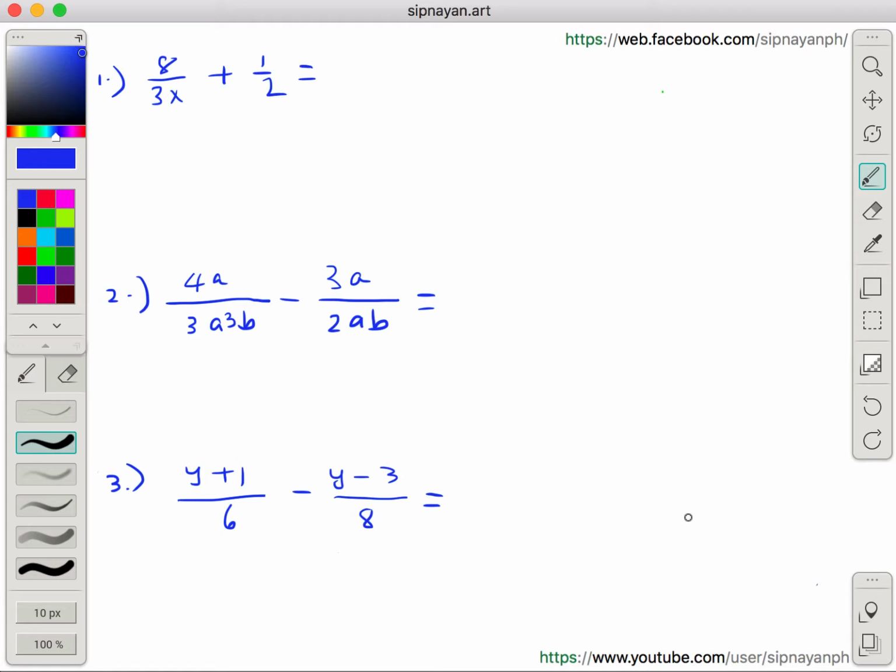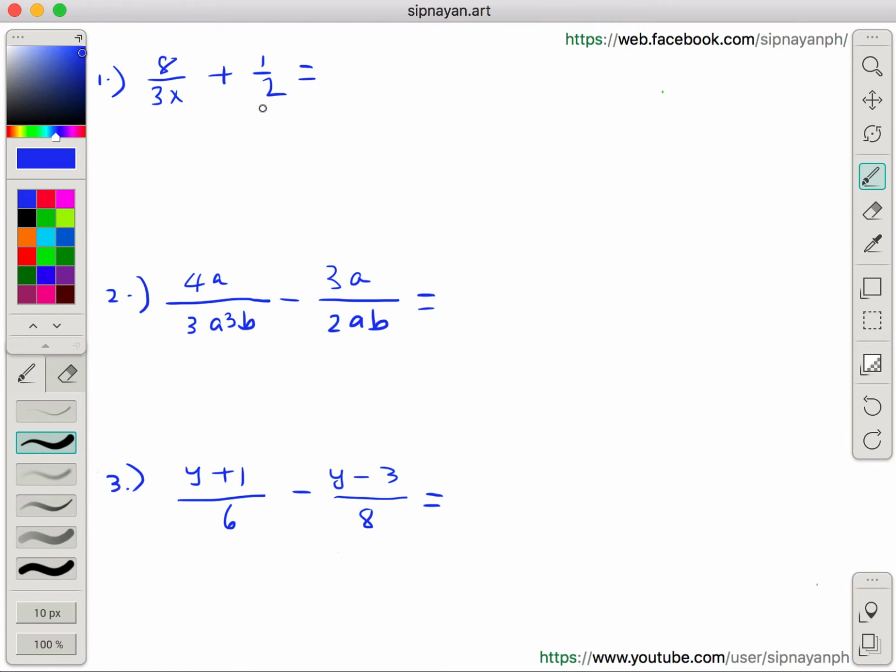So for example, 3x and 2. We have to transform the numbers and variables in exponential notation.